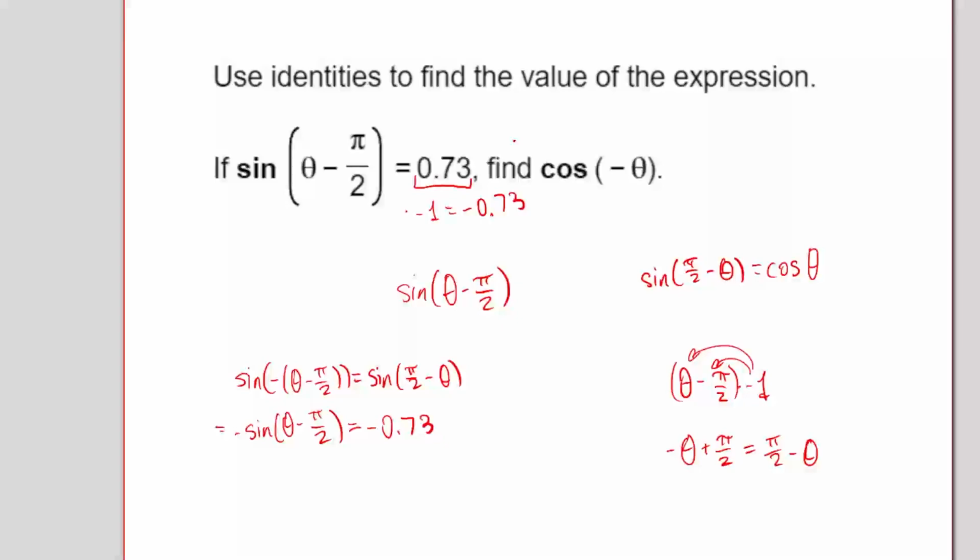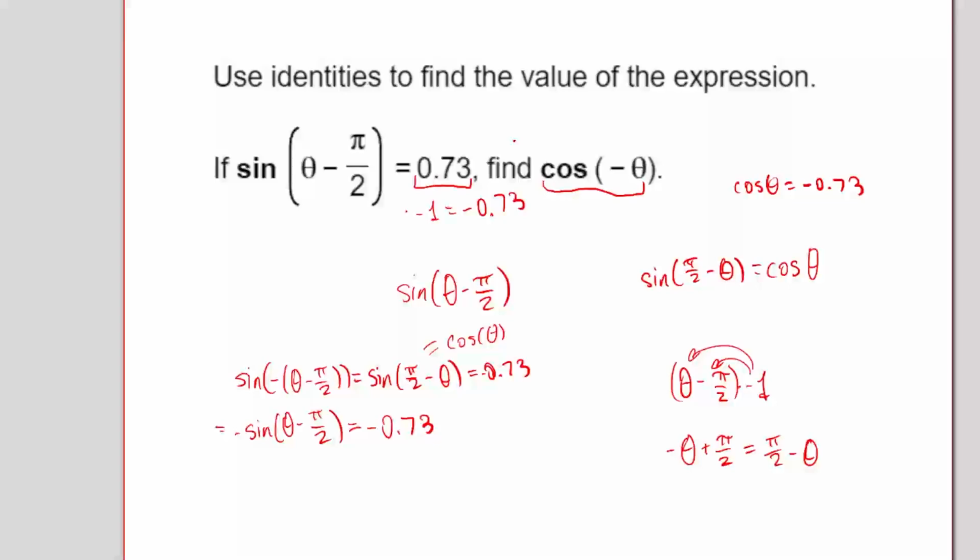But since all of these are equivalent, we have negative 0.73. But remember that sine of pi over 2 minus theta is equal to cosine of theta. So we know that cosine of theta is equal to negative 0.73. But we want to find cosine of negative theta.